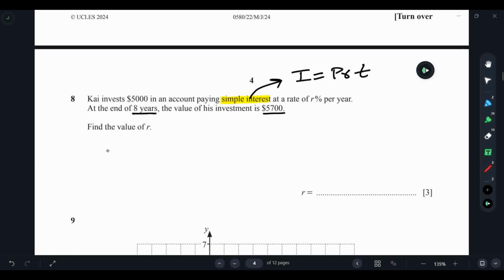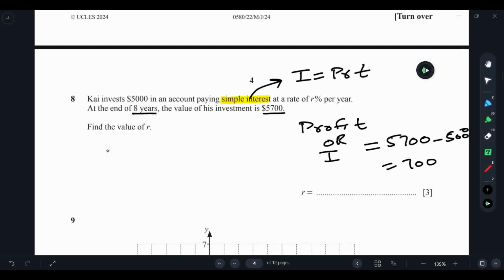Now, how can we find the value of R? First of all, we need to calculate the interest amount. For the interest amount, the profit, or I, is the last amount he got minus the invested amount. If we take the difference, this will be 700. So I equals 700.